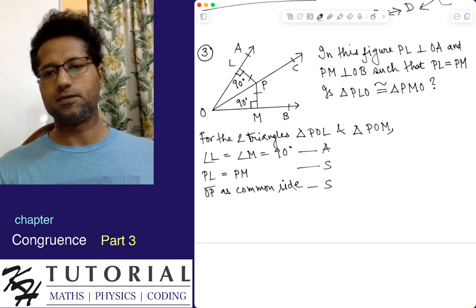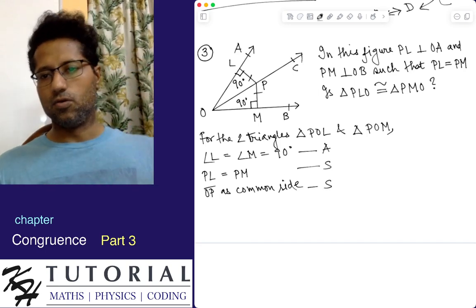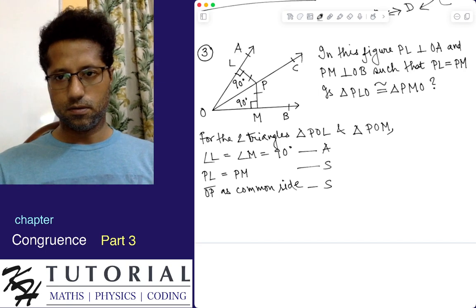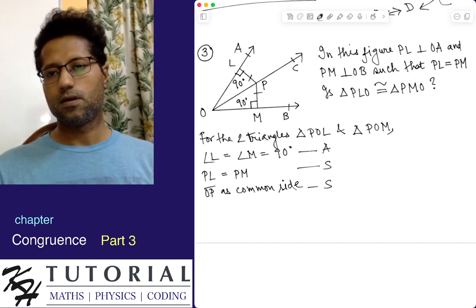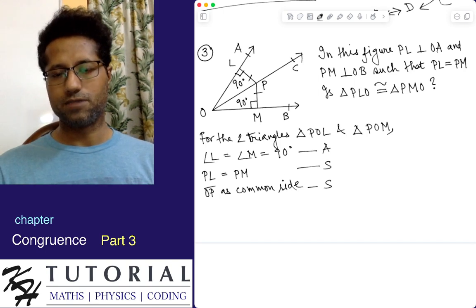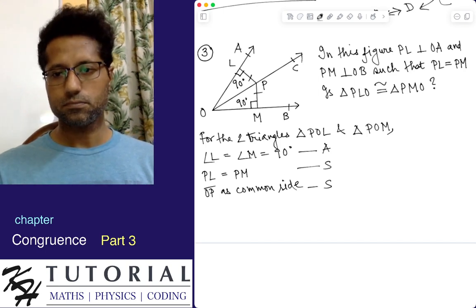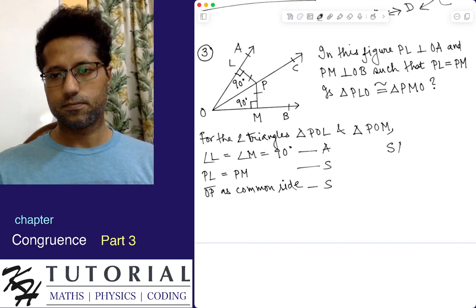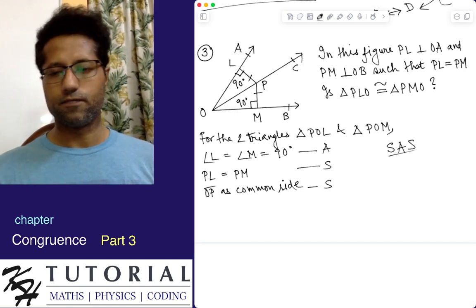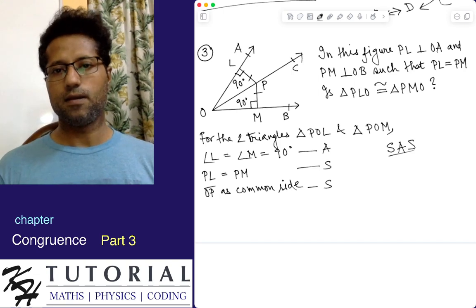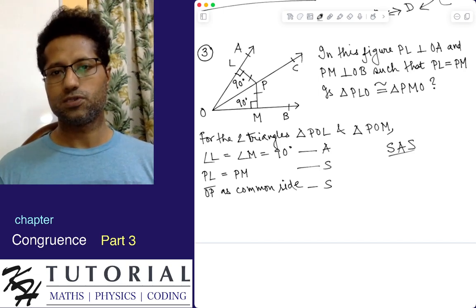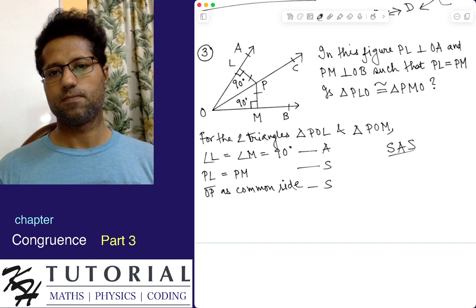So we have two sides and one angle, and the only possible option we can think of for the congruence property is SAS, two sides and one angle, which is the angle between the two sides.